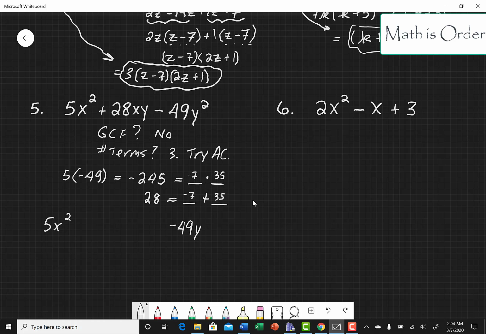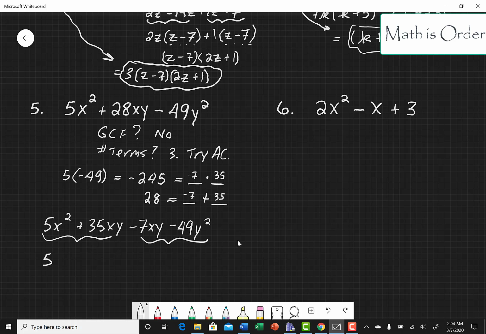So we're going to have here plus 35xy and minus 7xy. And of course, the last term had a y squared in it, so just be cautious or careful. Let's include both variables, and then again, factor from the first two, factor from the second two terms.